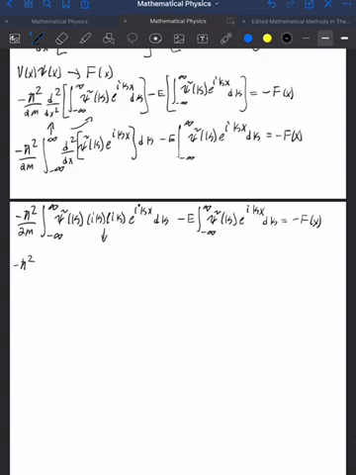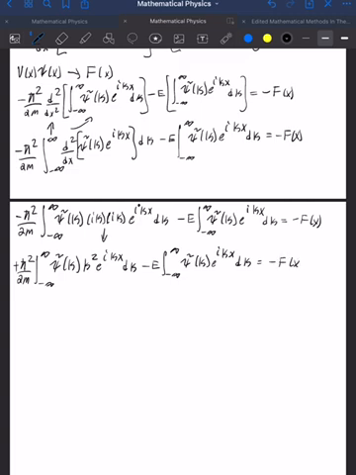But minus h bar squared over 2m, the integral from minus infinity to infinity of psi tilde of k times, this is going to be, i times i is negative, so this minus h bar squared over 2m is going to become a positive, k squared e to the ikx dk, minus e times the integral from minus infinity to infinity of psi tilde of k e to the ikx dk, which is equal to minus f of x.